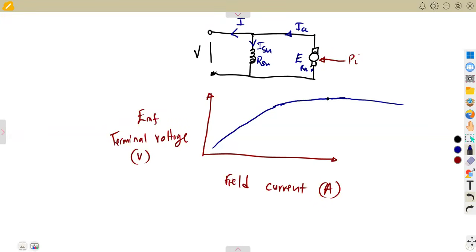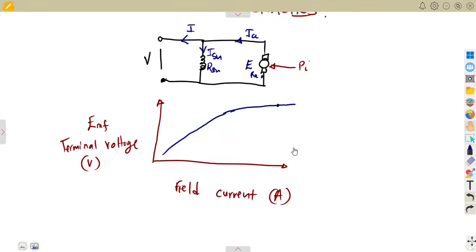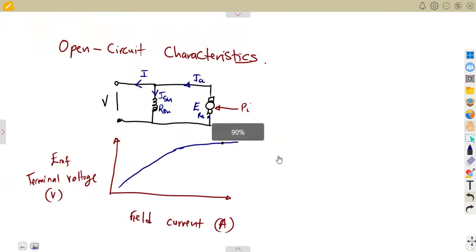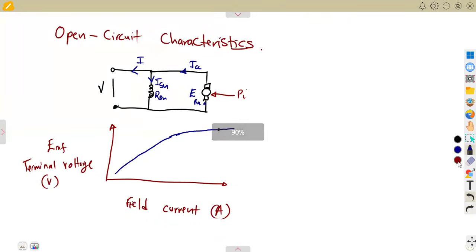So the question is, how are we going to locate the point which is representing the open circuit voltage? Remember when dealing with the open circuit characteristics, you're given the speed and everything else.